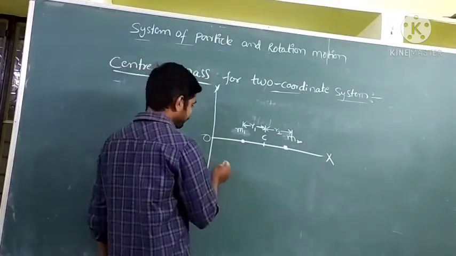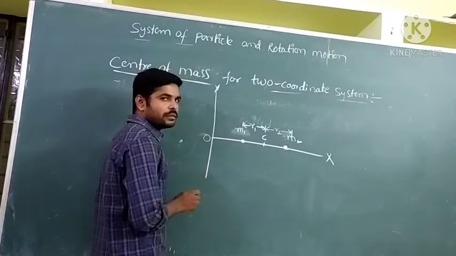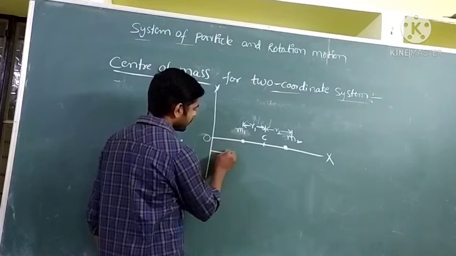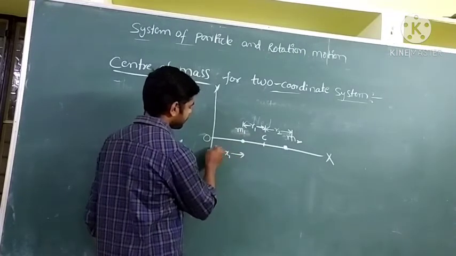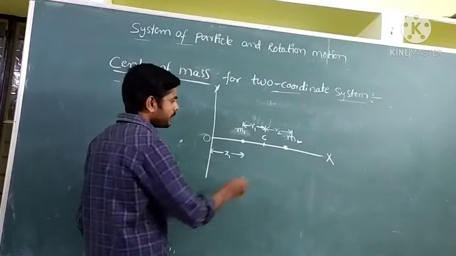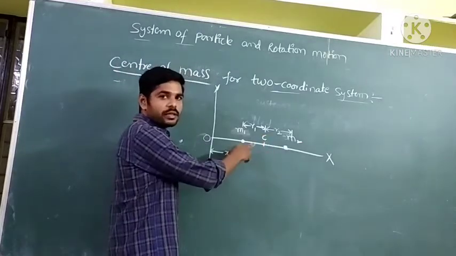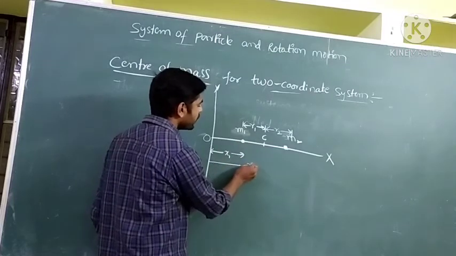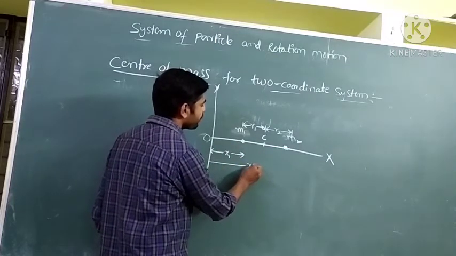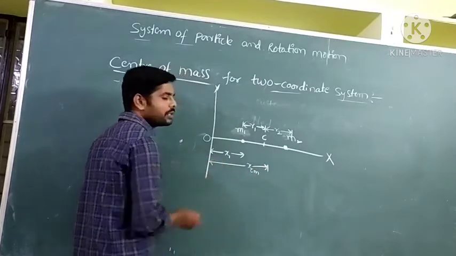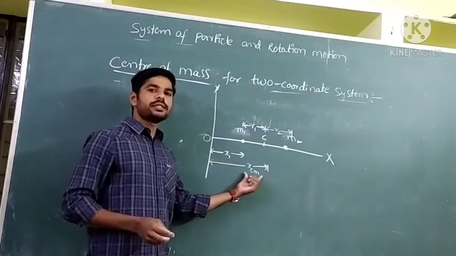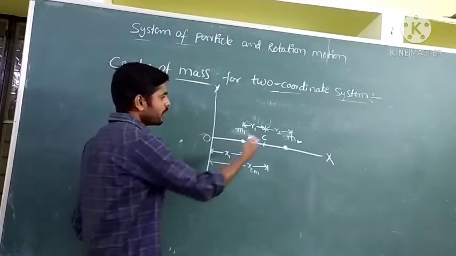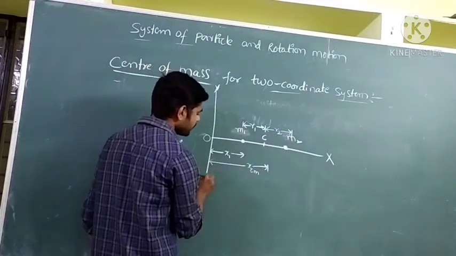If you observe from the origin, m1 has distance x1. And C is the center, so from the origin to here, this is xcm. xcm means the center of mass distance, from point C to point O. And similarly, what about the m2 position?